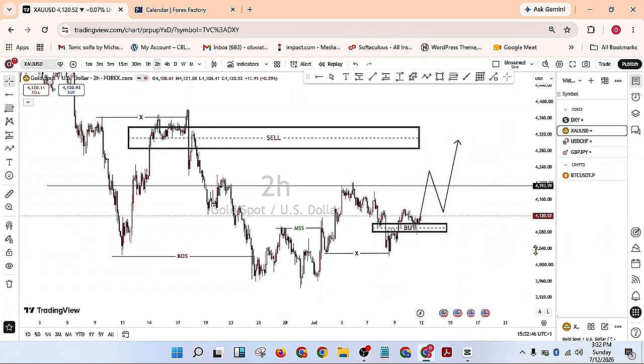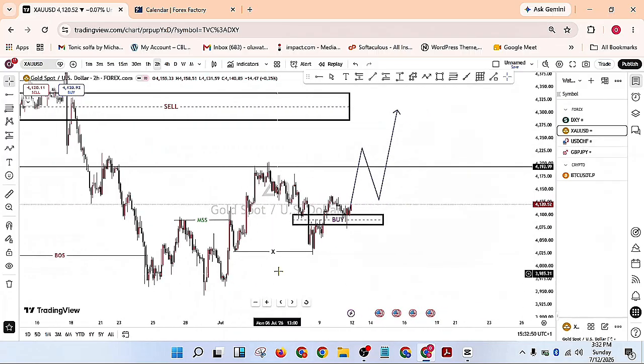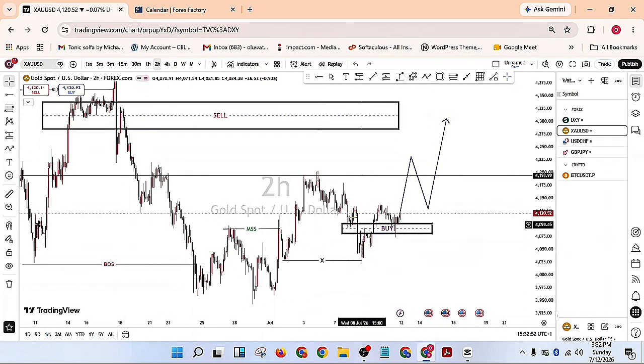So now, guys, if you want to sell, I will tell you something. If price breaks this structure, just like I said, maybe on Monday we see a break of structure at this location, wait for a retracement here, maybe with a confirmation, it could be an FVG or breaker block.